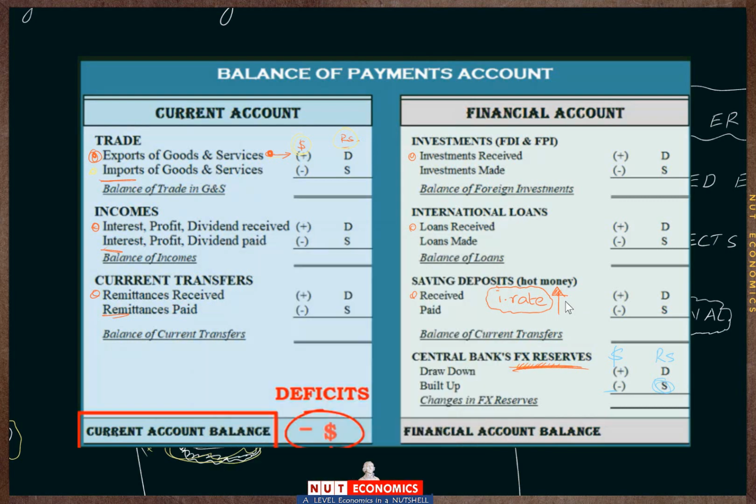I mentioned a problem with this hot money flow. Anyone remembers that? ये उतनी जल्दी से वापस भी चले जाते हैं. And what is the problem I told you about FX reserves? FX reserves रखने का क्या प्रॉब्लम होता है?